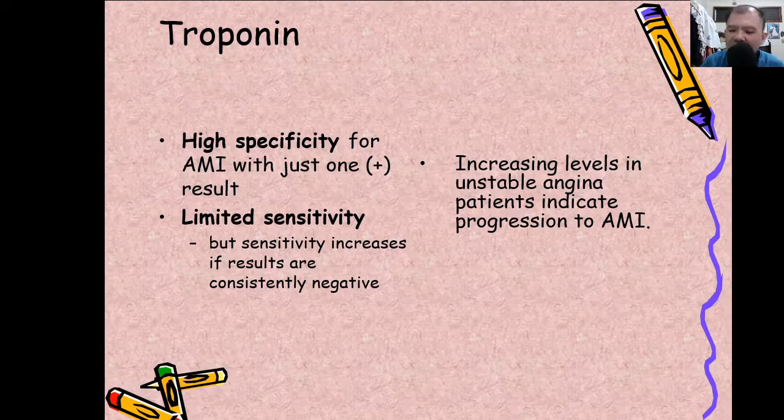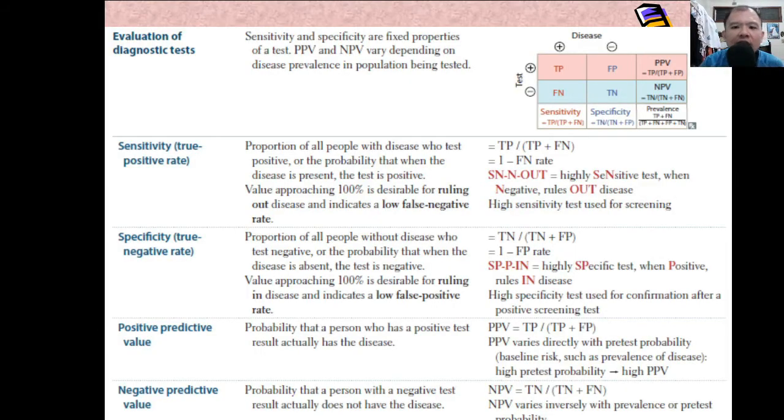To put it simply, when you have a highly specific test and it is positive, it rules in disease. When a test is highly sensitive and it is negative, it rules out disease. That is simply speaking.